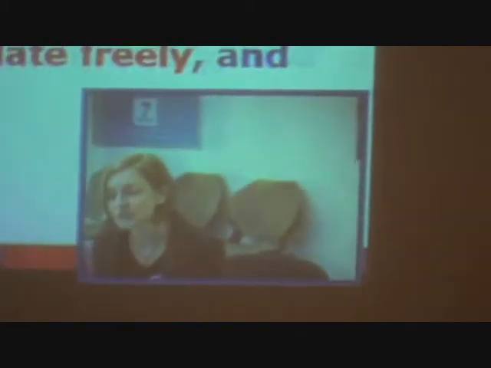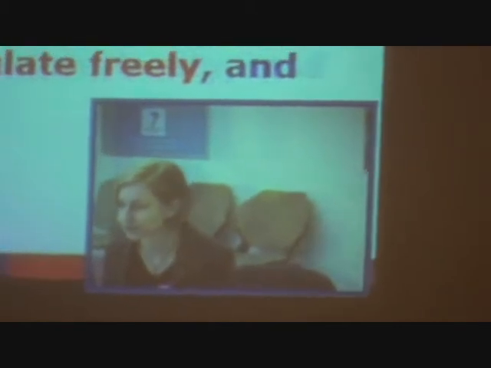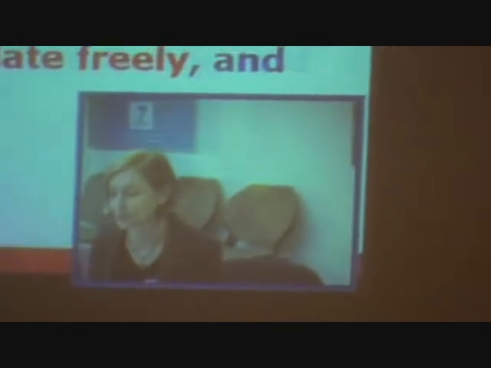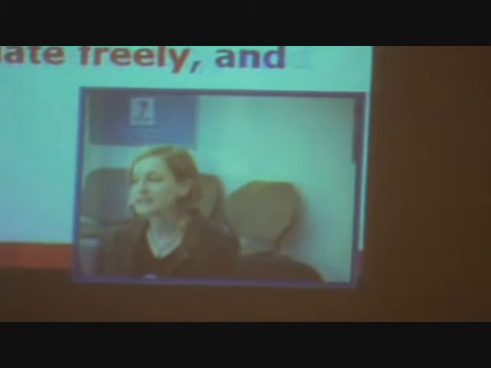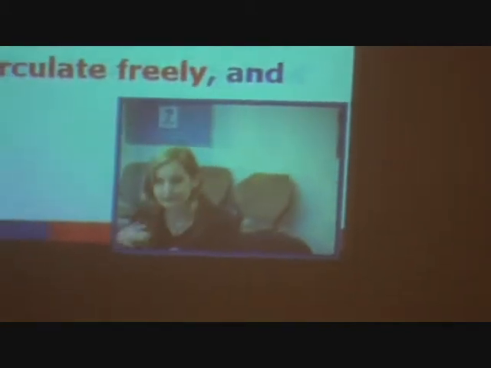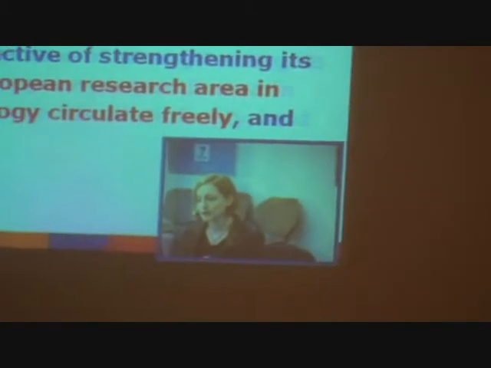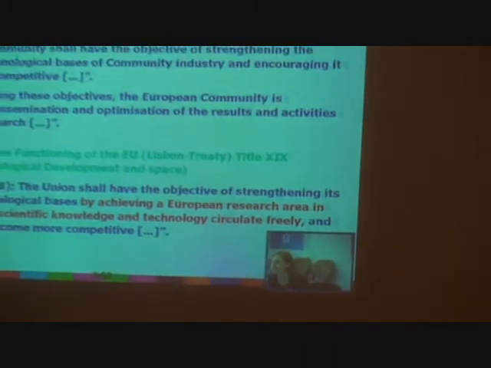The Union shall have the objective of strengthening its scientific and technological basis by achieving a European research area in which researchers, scientific knowledge, and technology circulate freely. So again, there really is a legal and an evolving legal basis for community activities in this area.